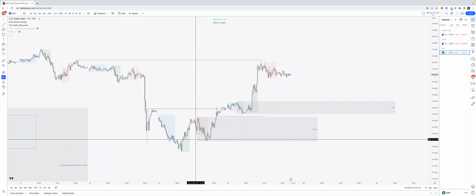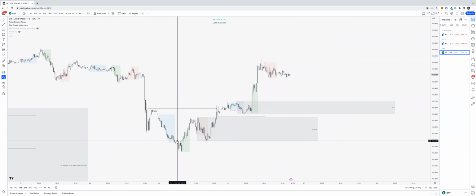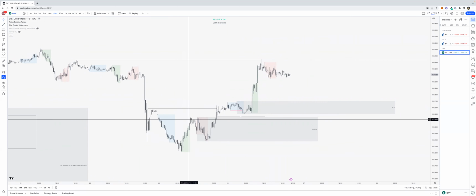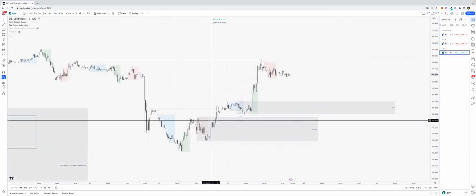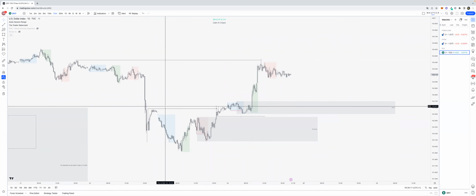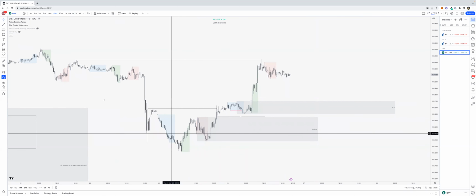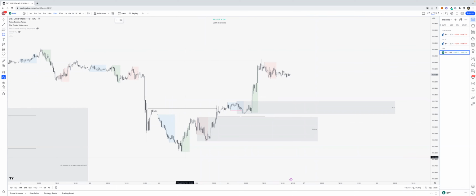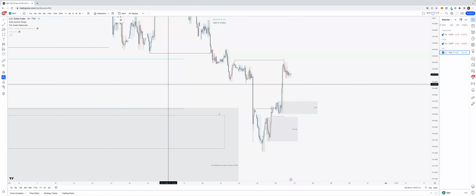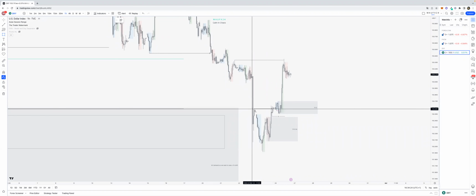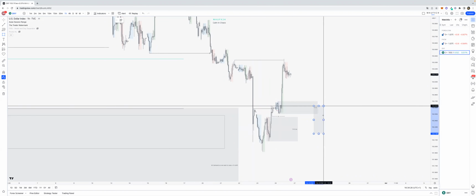And actually, we have another one here, but we already got that move back down, and it was not the one that broke this structure. So I like these two for now. We can just keep in mind that yes, there is a 15-minute PY maybe down there, but actually, let's stick with this one.